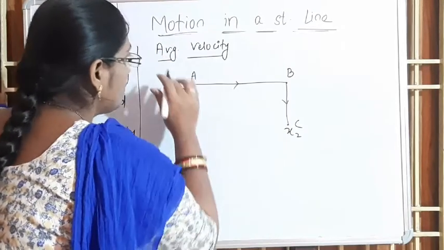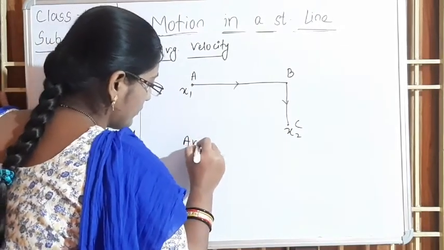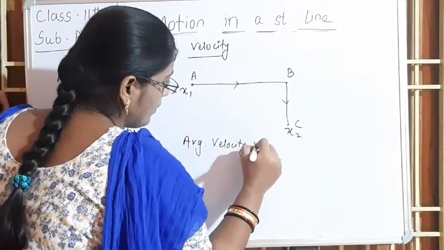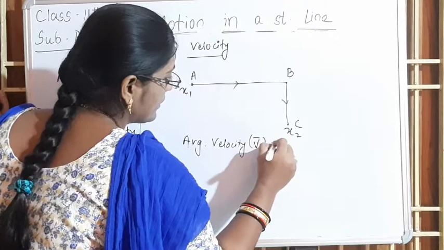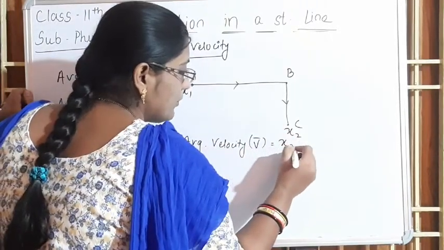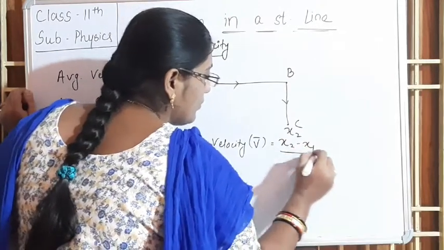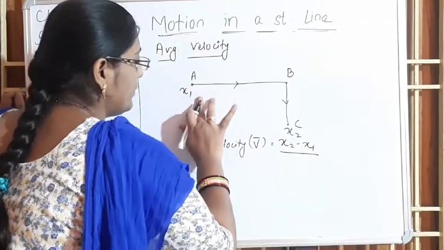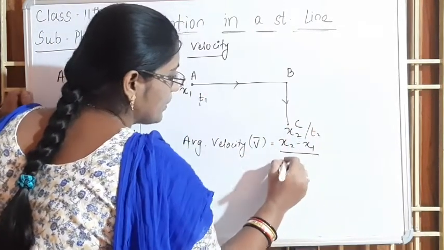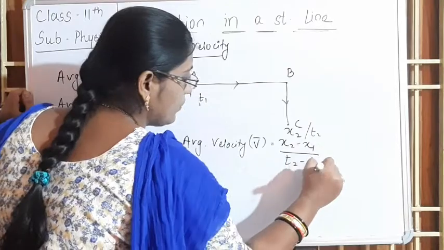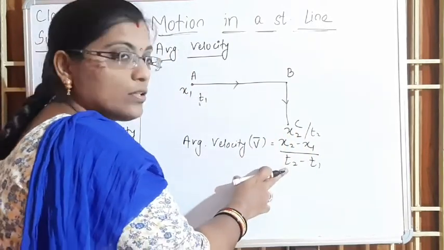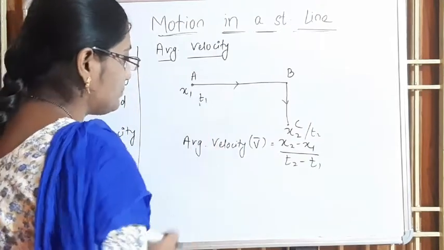So to find the average velocity, we write v as the total displacement, that is final position minus initial position, by the time interval t2 minus t1. Now, this is the total displacement and total time interval.